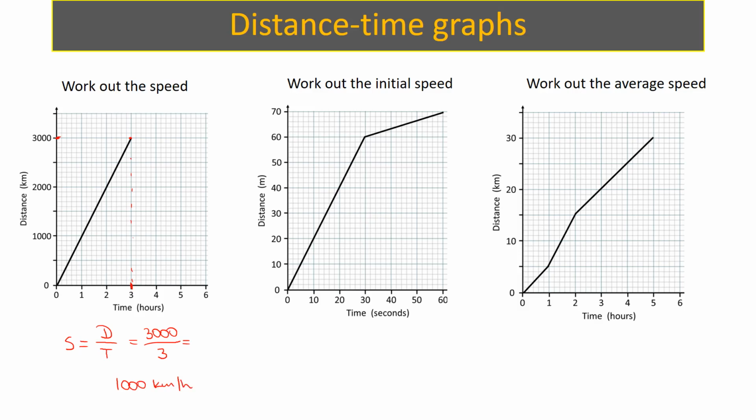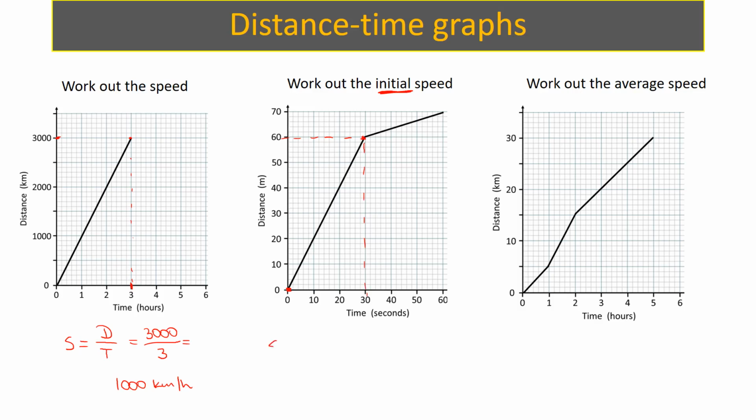In the next question, I need to work out the initial speed. That means I'm only interested in this part of the journey. So this diagonal line going from 0 to 60, and then to 30 on the horizontal axis.